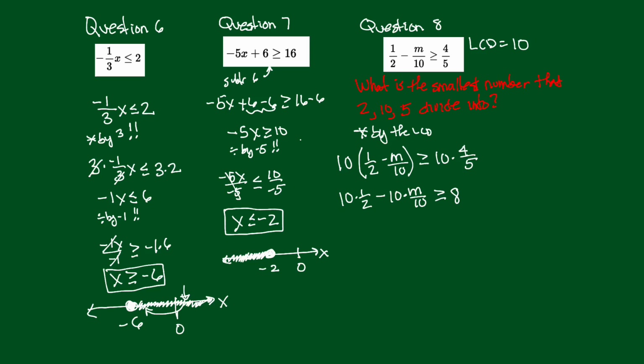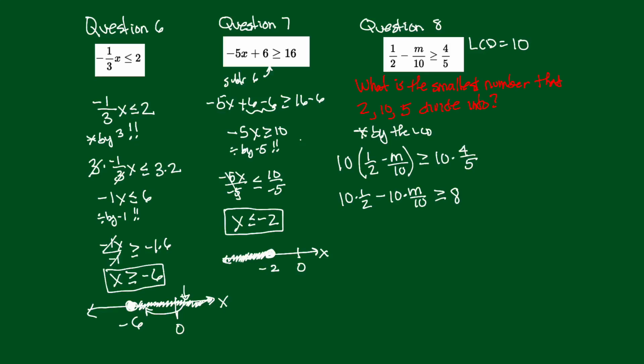So I can skip this step if I just do this. When you multiply by the LCD, just write the LCD in front of all the original terms. Up here at the very top, the LCD is 10. Write the 10 here, the 10 here, and the 10 here. It works because I'm multiplying both sides by that LCD and using the distributive property. It's just that I don't need to write every single step.